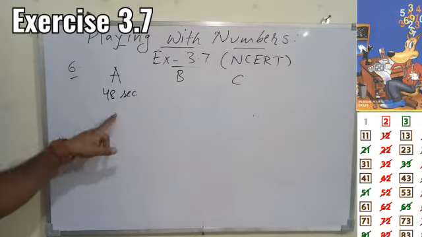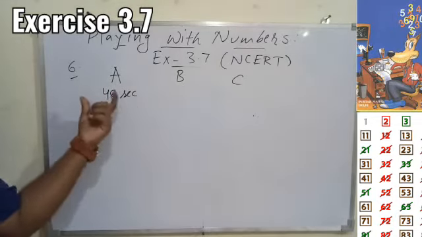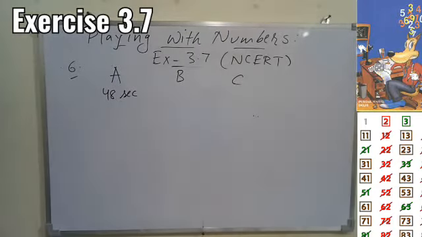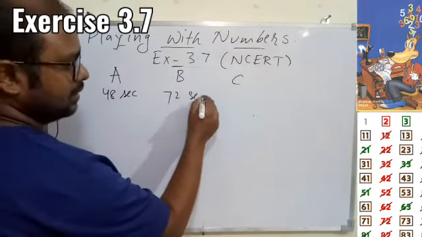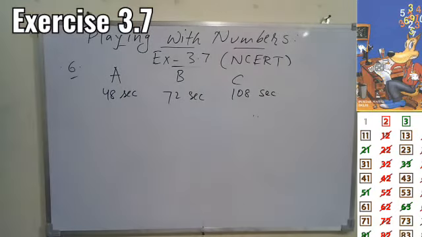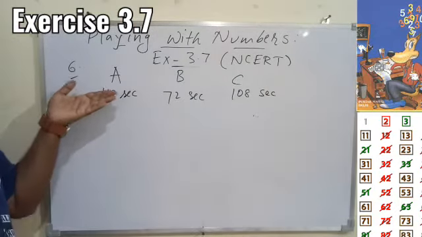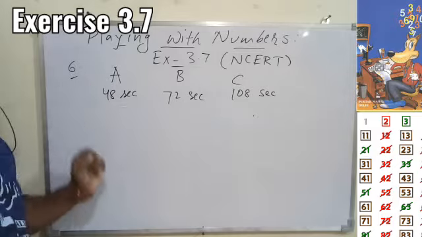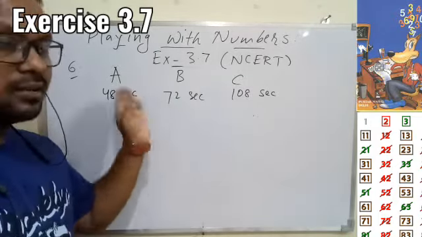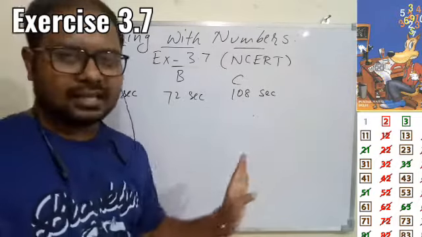So for example, at A the time for red light is 48 seconds, for B it is 72 seconds, and for C it is 108 seconds. So A changes from red to green in 48 seconds, B in 72 seconds, and C in 108 seconds.